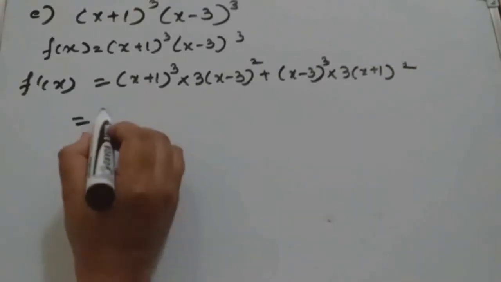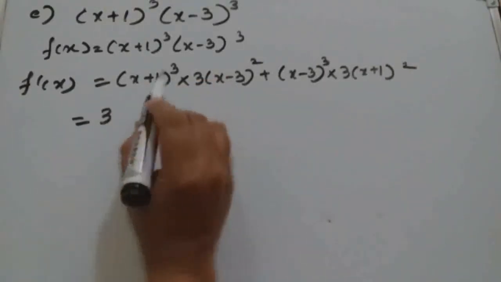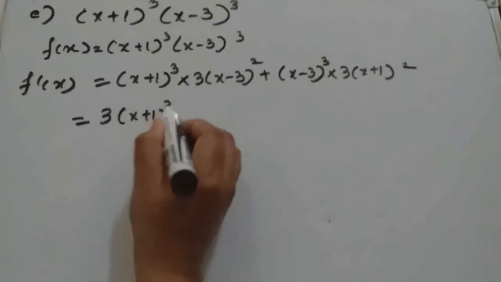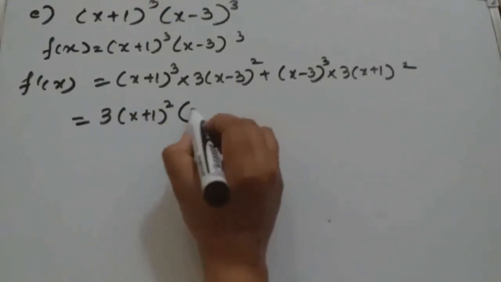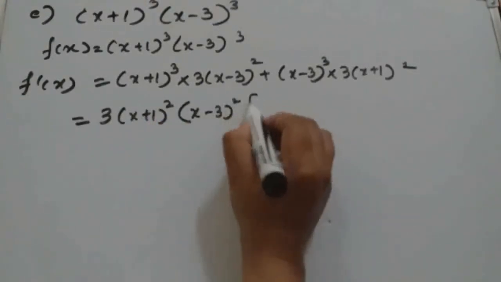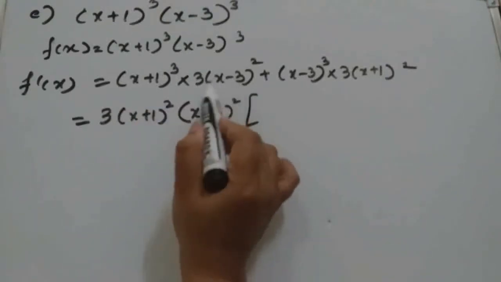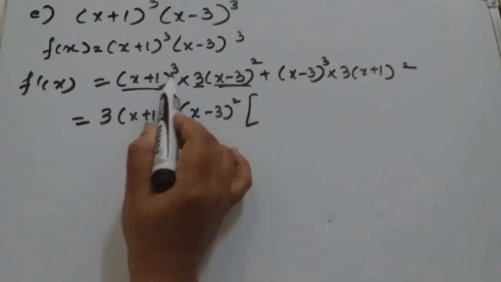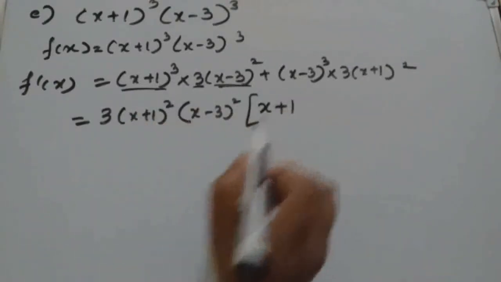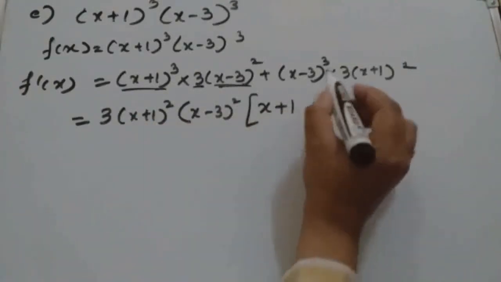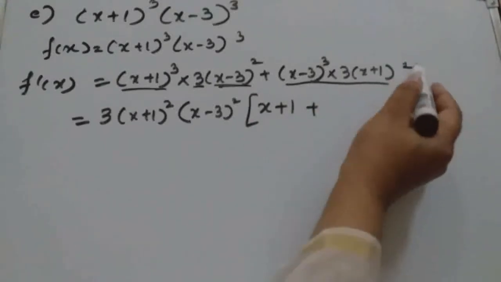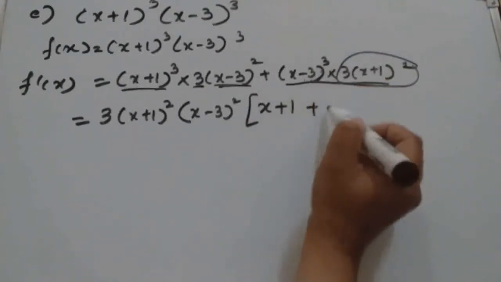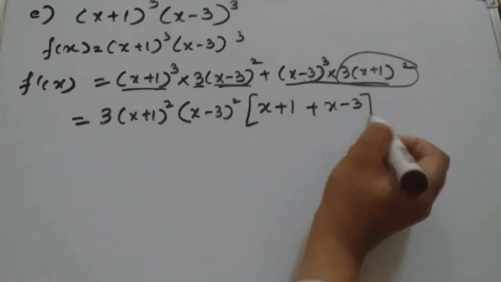So 3 we can take common, and x plus 1 square we can take common, and x minus 3 square we can take common. So see, from the first term I took this bracket common, and from this bracket one bracket will remain, that is x plus 1. Then plus, from this expression I took these two things common, and here x minus 3 will remain.